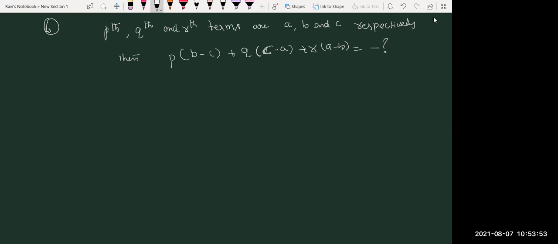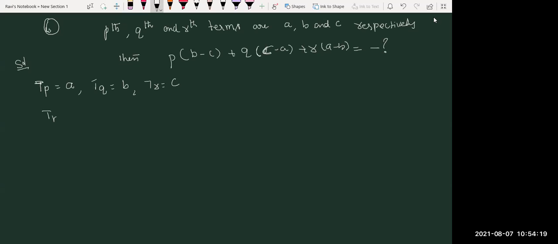This is very simple. Tell me, TP equals how much is given? TP equals A, TQ equals B, TR equals C. So how to find TP?